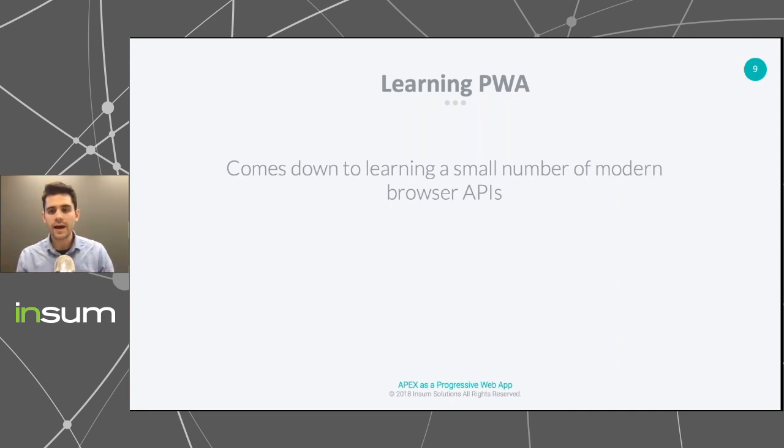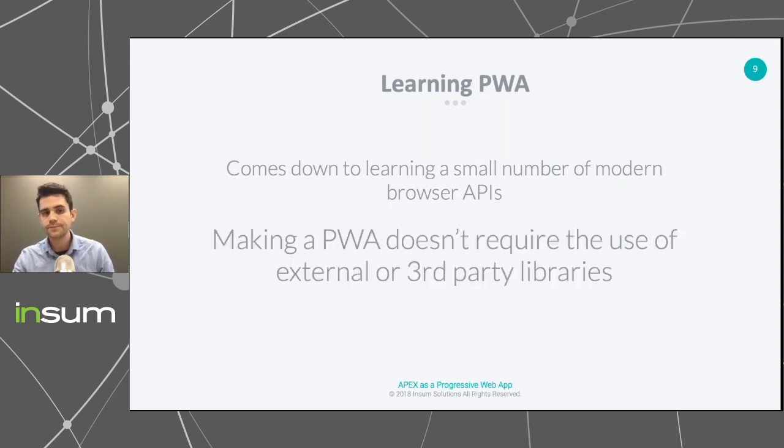These APIs will allow your Apex application to match a native app experience. Making a PWA doesn't require the use of external or third-party libraries at all. In other words, everything I'll be showing today is pure JavaScript and pure Apex.